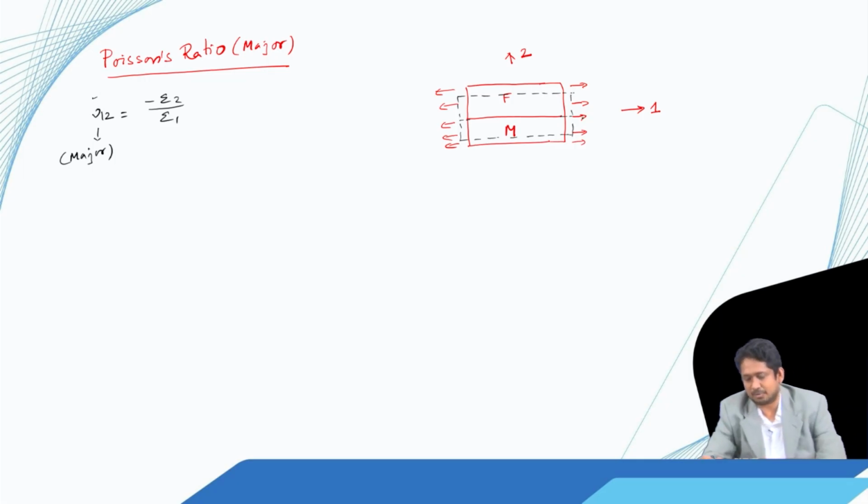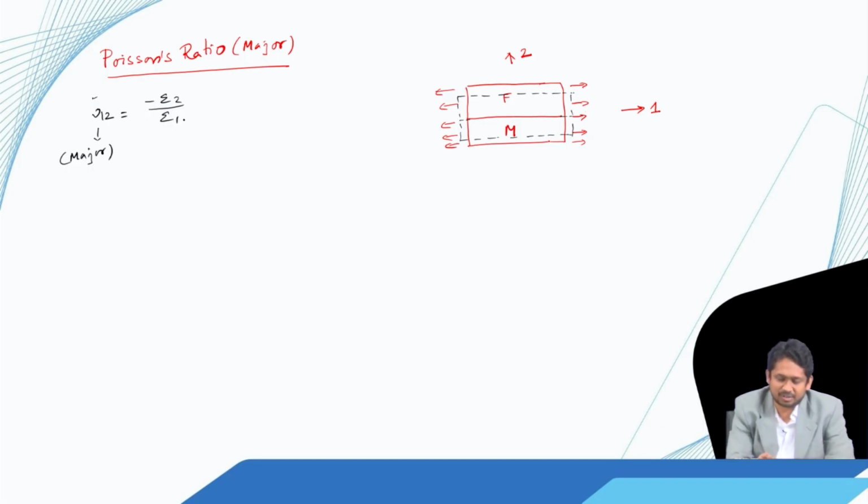Now, under this kind of loading, direction 1 experiences a positive strain which is tensile, and direction 2 experiences negative strain which is compressive. So, if I put a negative sign for compressive strain, then epsilon 2 becomes negative. So, to keep nu 1 2 positive, I am putting a negative sign here.